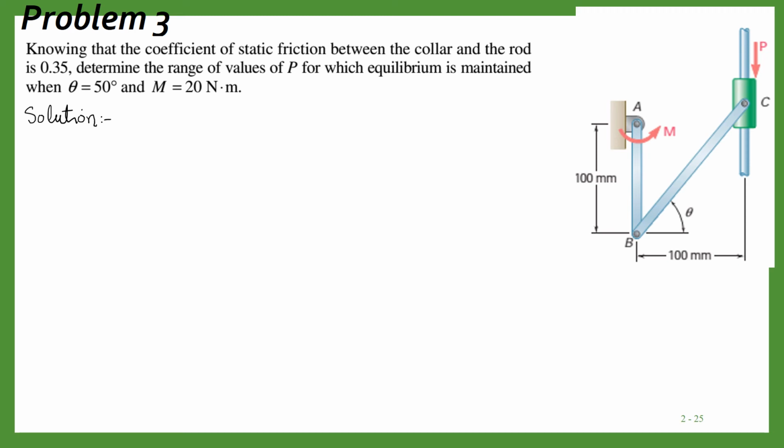In this rod we will be having reactions here, so you can call them AX, AY, and then we have a force here, and the direction of this force is this. Let us call it FBC.